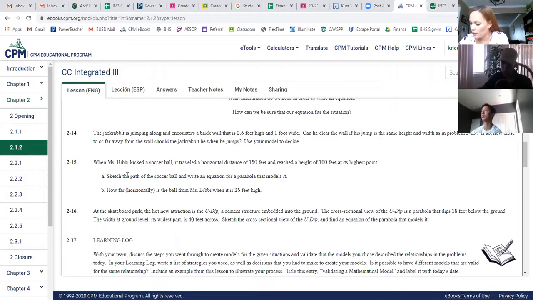So again, I'm just gonna write down kind of what I know so that when we go back to the books or my paper, our horizontal distance is 150 feet and it reached a maximum height of 100 feet.